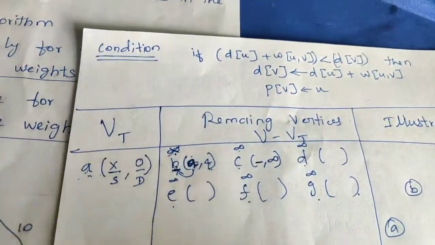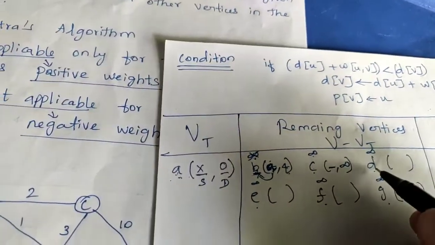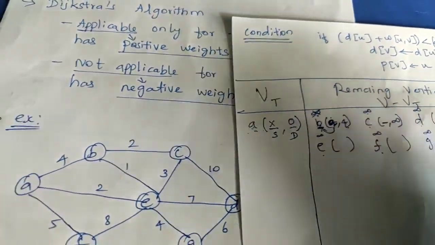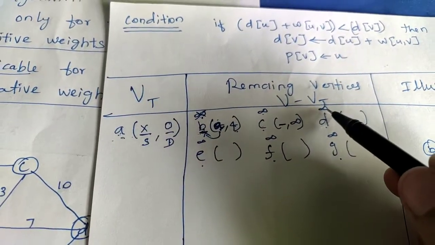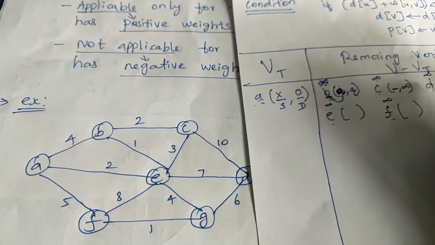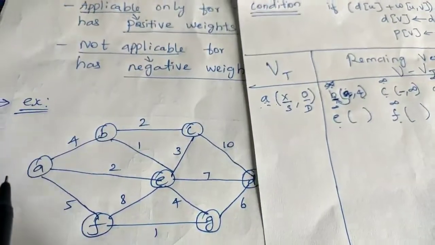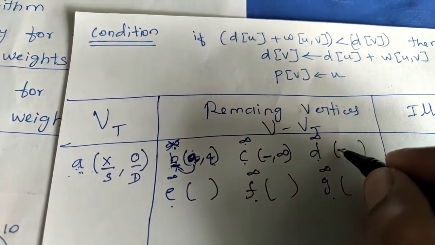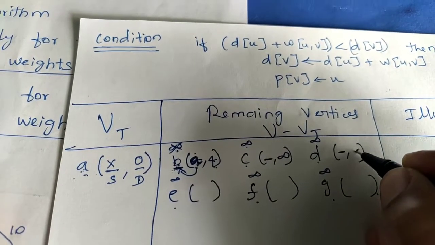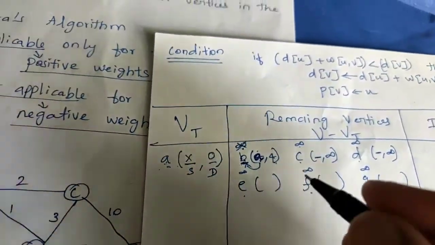Distance remains infinity only. Now process the third vertex, A to D. Initial D distance initialized to infinity. Whether we'll get a lesser distance or not, we'll see. A to D, there is no direct path, so I will not write anything as source. Distance infinity remains as it is.